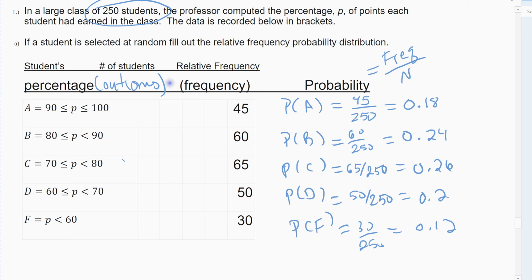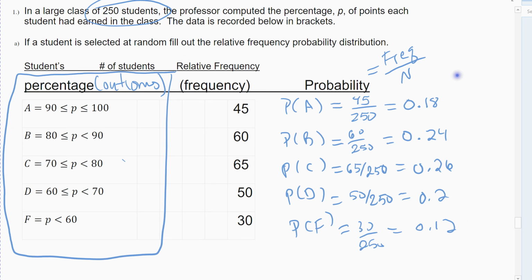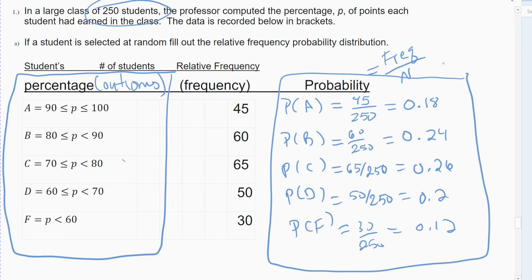And there's my probability table. These are my outcomes, and this is the chance they'll happen.